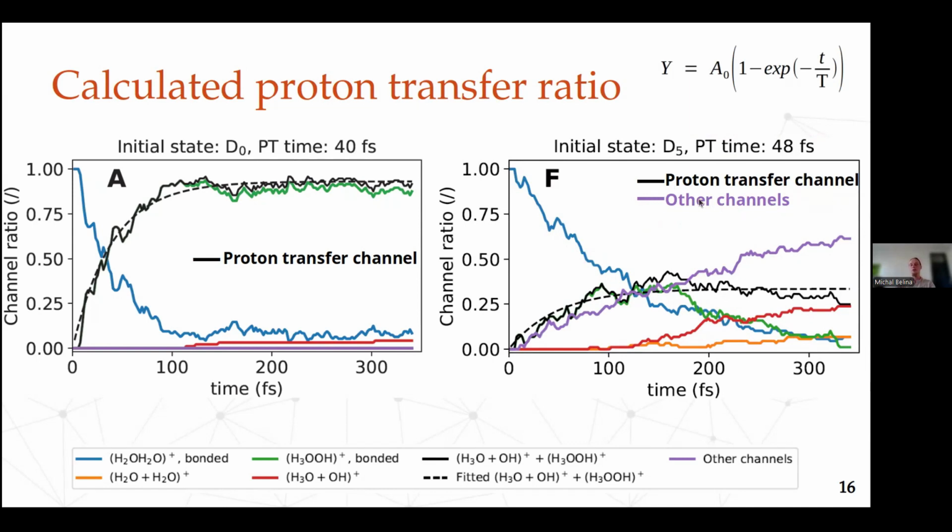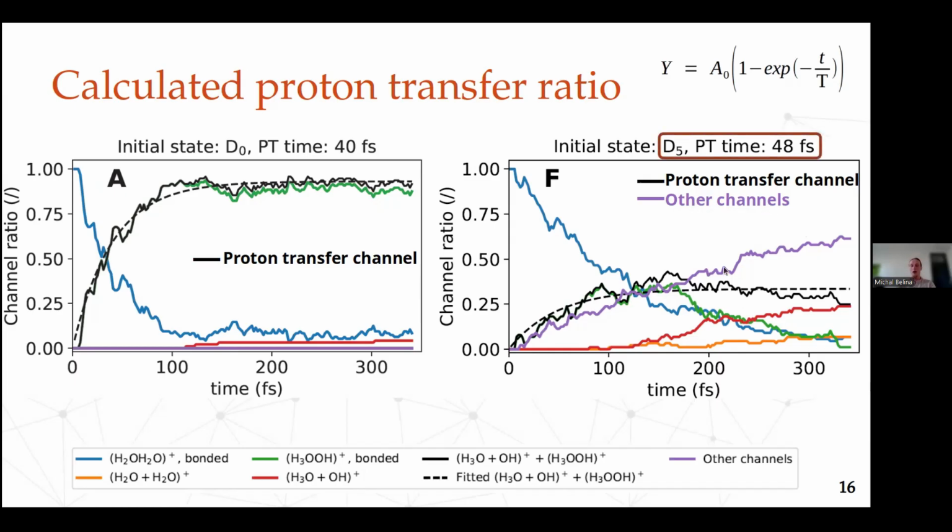These other channels mean loss of hydrogen or even 2 hydrogens and other fragmentation that again were not observed by the experiment, as they observed only those two channels.